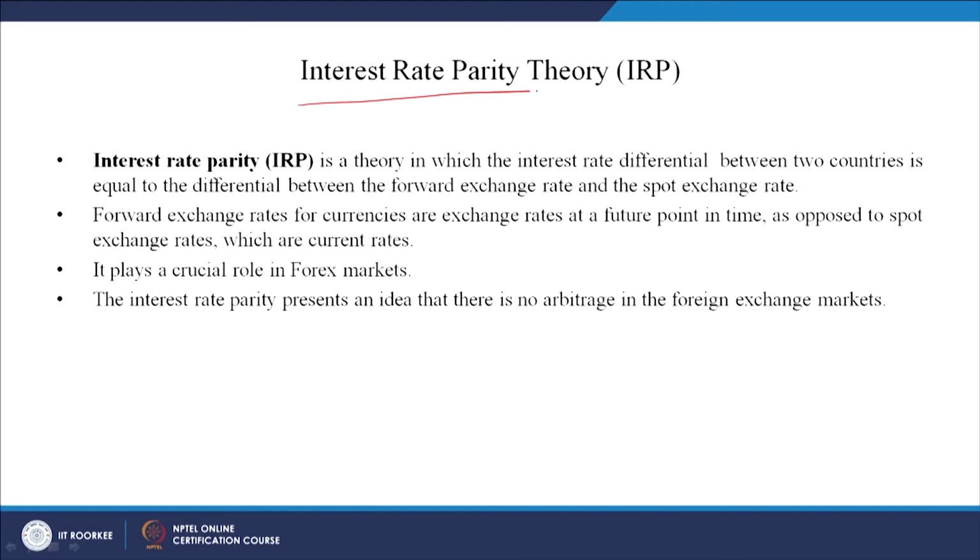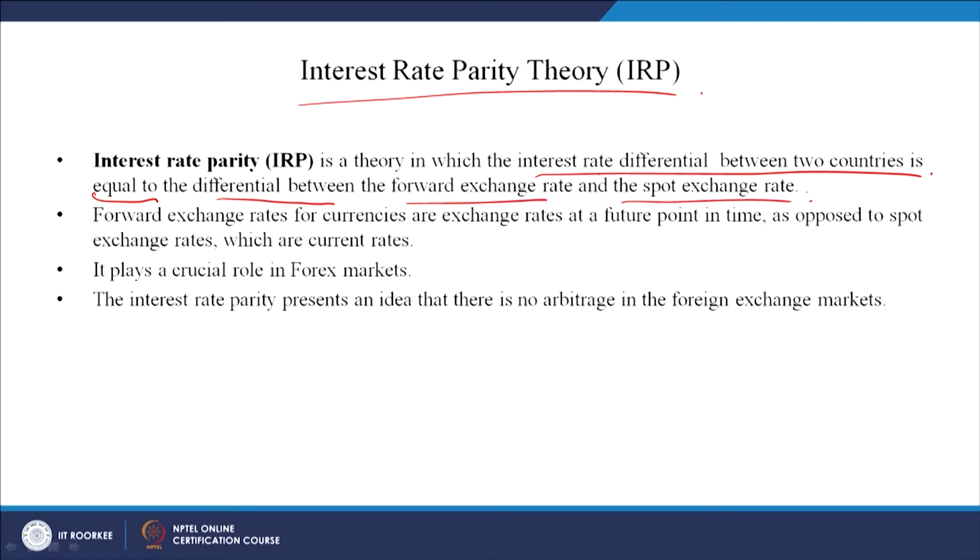Now, coming to the second theory. The second theory in exchange rates is called the interest rate parity theory. Now, what is this interest rate parity? It is very interesting. This theory says that the interest rate differential between two countries is equal to the differential between the forward exchange rate and the spot exchange rate.